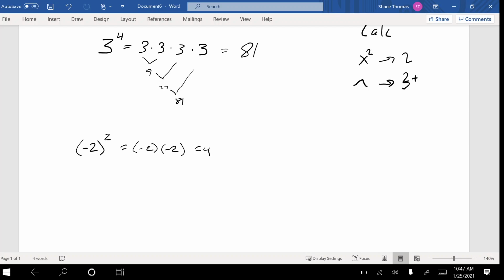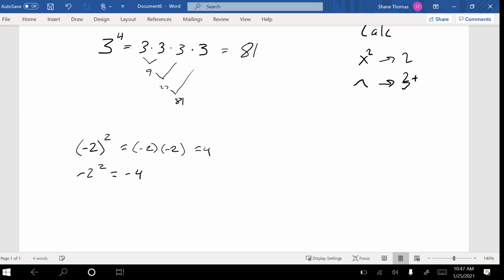Right here, negative 2 in parentheses squared is positive 4. Negative 2 squared, not in parentheses, the negative is an operator now. It's not included with the number. This would just be the 2 squared. Here, this is in parentheses, so you're squaring the negative 2. Here, this is not in parentheses, so all you're doing is squaring the 2. So in this case, that would be negative 4.